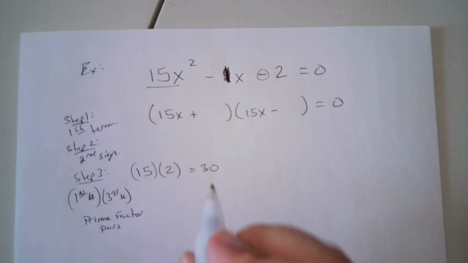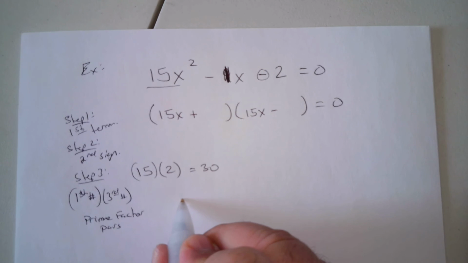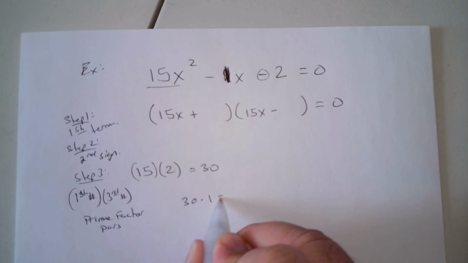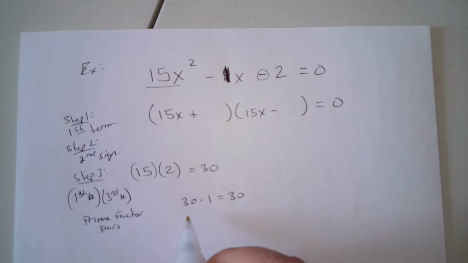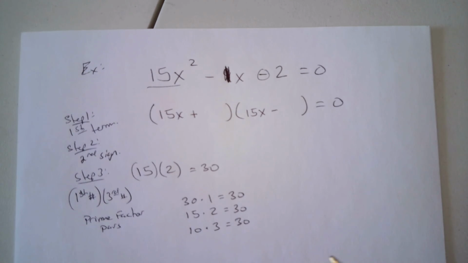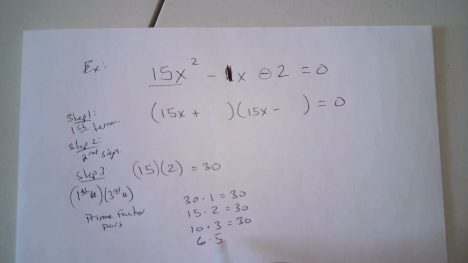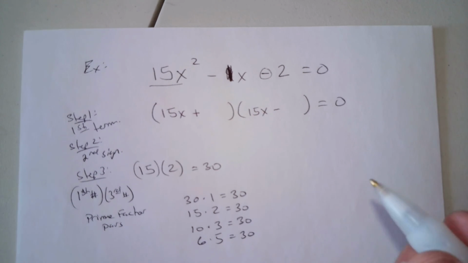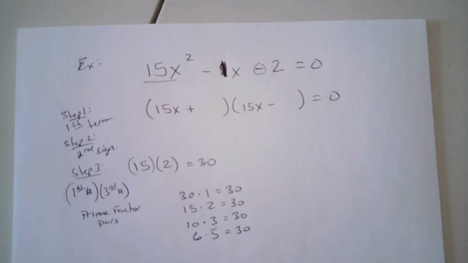So what two numbers multiplied equal 30? 30 times 1 equals 30. 15 times 2 equals 30. 10 times 3 equals 30. 6 times 5 equals 30. Okay, so then we start repeating ourselves.